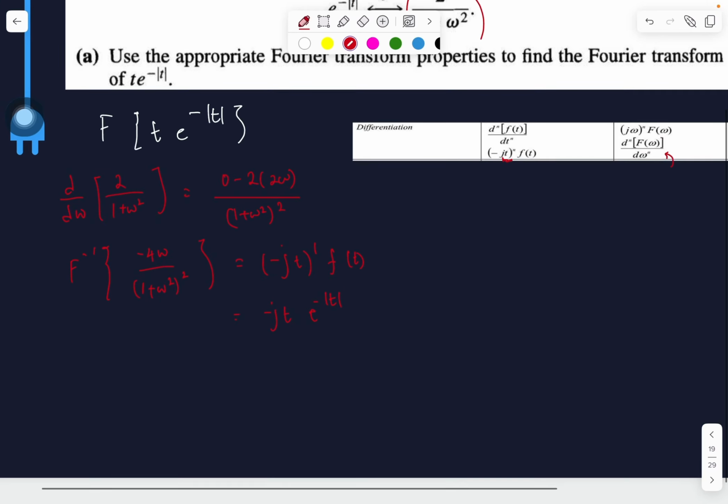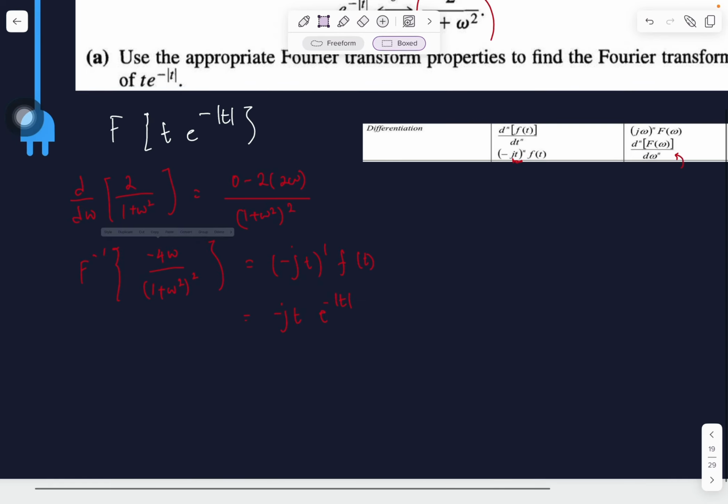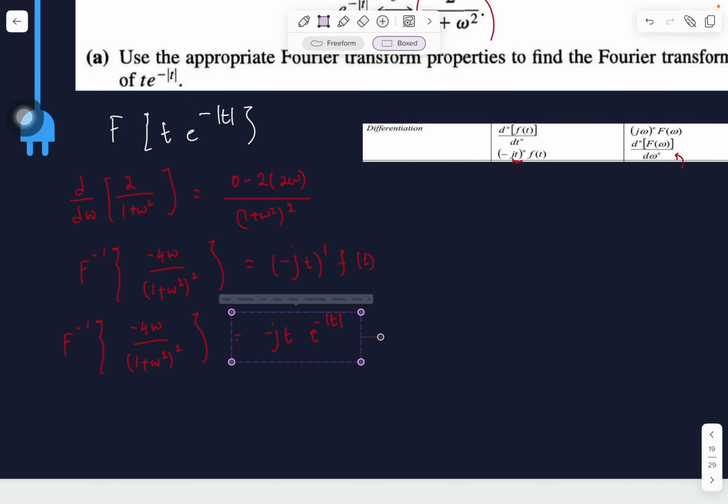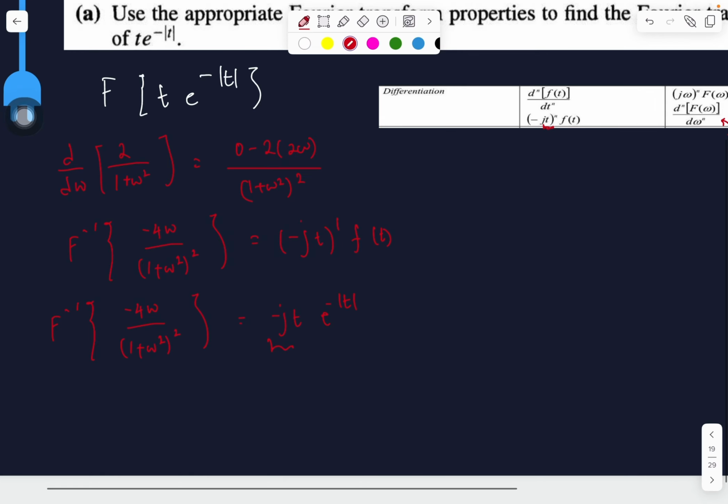طيب بما انه let's copy this. بما انه the Fourier transform has the linearity property, we can actually factor out this minus j. ممكن نقول إنه Fourier transform of negative j... يعني let's just take the Fourier transform of both sides just to make it more clear.